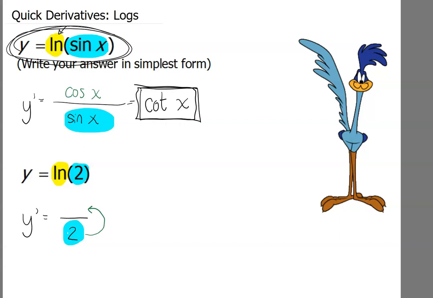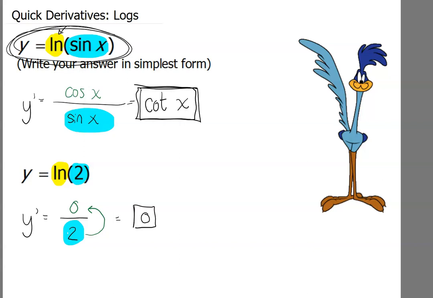That's the fixer piece. The derivative of 2 is 0. So this derivative is 0 divided by 2, which is still 0. We did that using just the formula, which is fine. It didn't take that long.